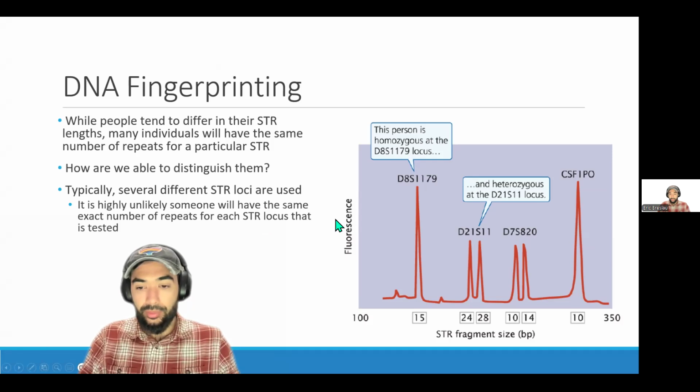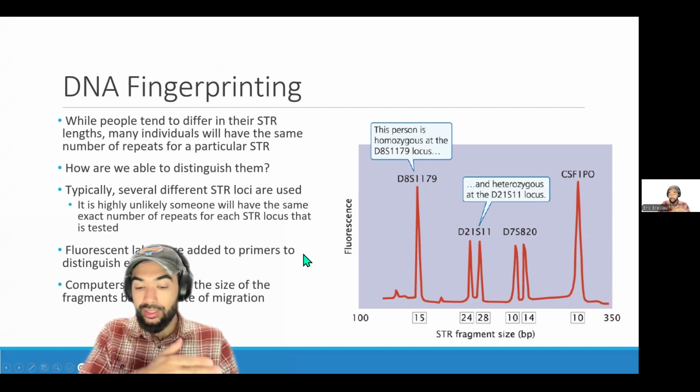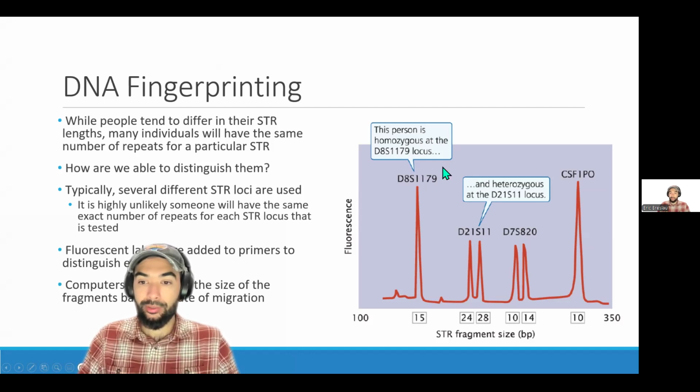To add on to this, a lot of times it's not even the gel that's being looked at directly. Fluorescent labels are added to different loci that are all run at the same time through either gel electrophoresis or a capillary system, and a computer can analyze the sequences as they pass through an analyzer.